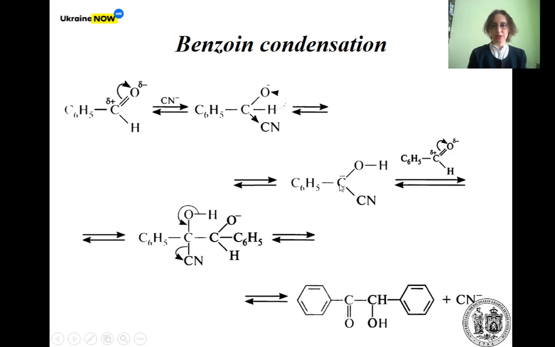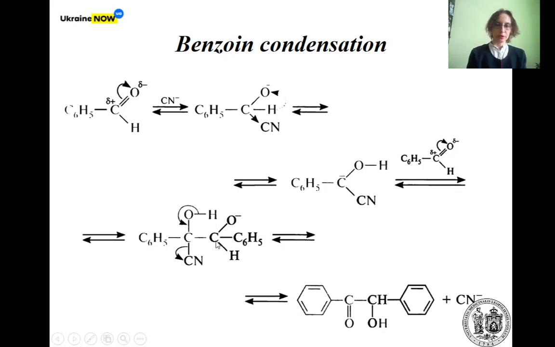Then this negatively charged carbon atom interacts with the partially positively charged carbon of the next molecule of aldehyde and a product of addition is formed.